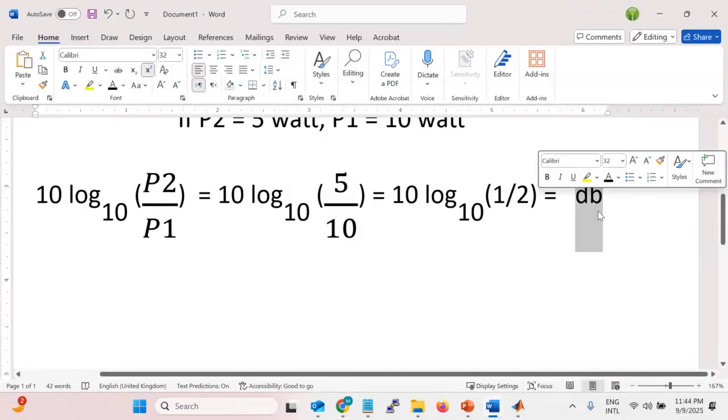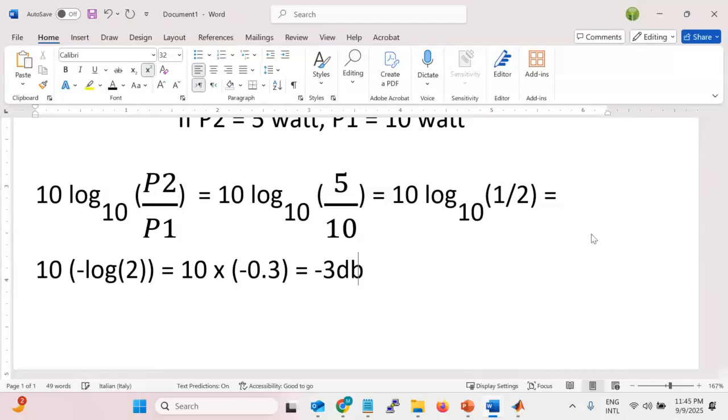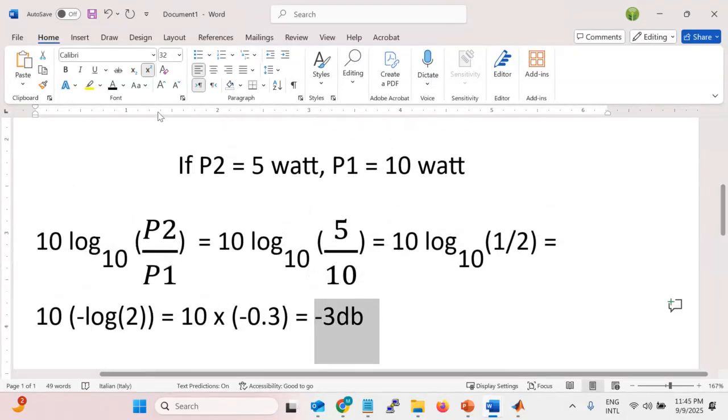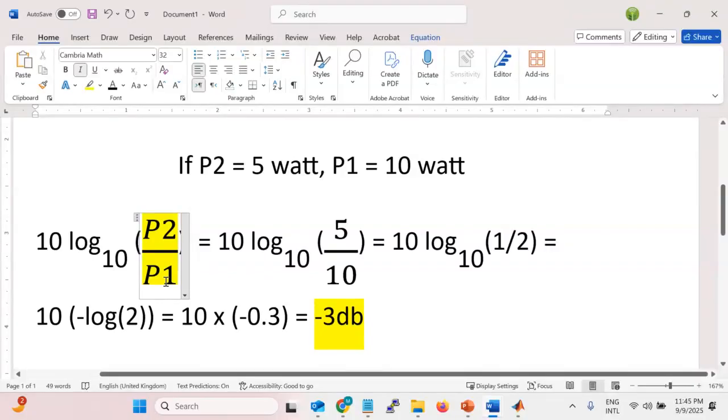Log half, how much does it equal? Minus log 2. Log 2 is 0.3, so 10 times minus 0.3 equals minus 3 dB. You can use the calculator to find the log. But I will tell you, when you find the result minus 3 dB, this means that P2 equals half P1. P2 equals 5, P1 equals 10.